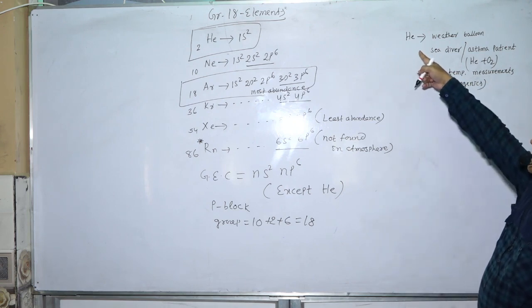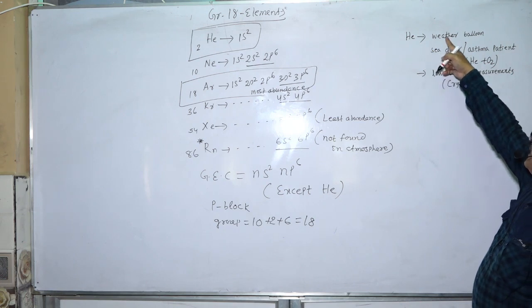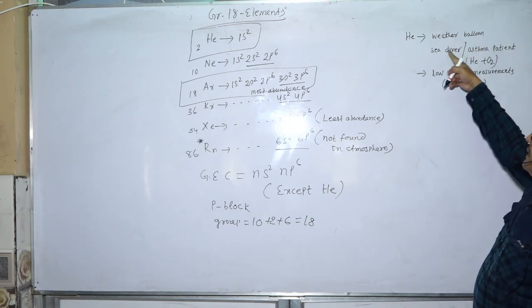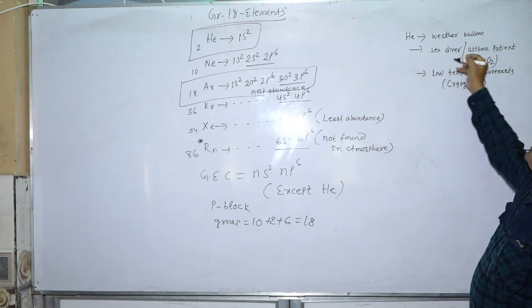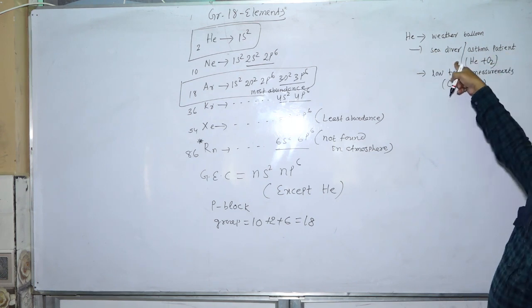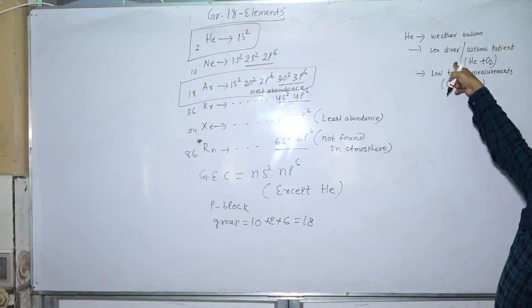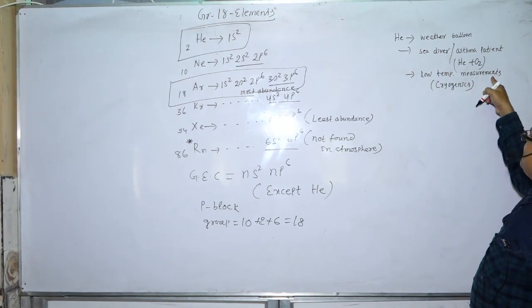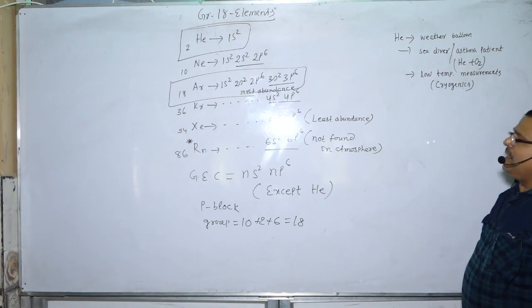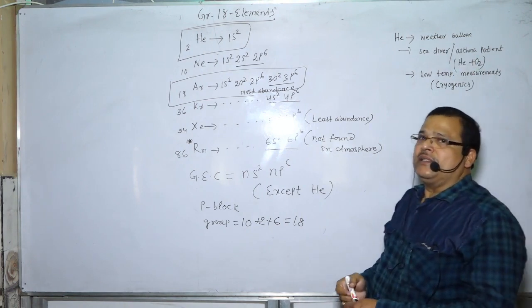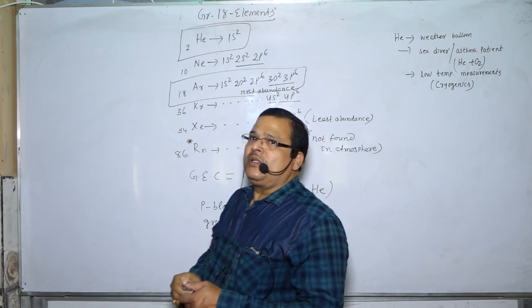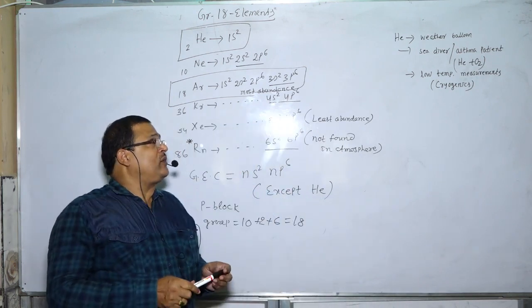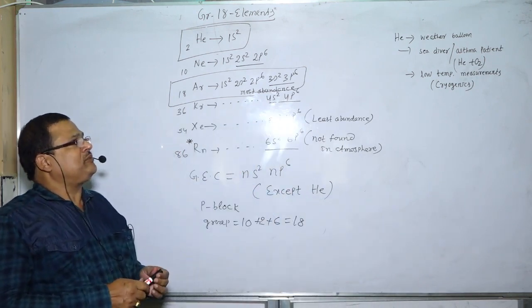So regarding the uses of helium, it is used in weather balloons, and by sea divers and asthma patients, who use the mixture of helium and oxygen. Then the next one is low temperature measurements. The question is, helium is more massive than hydrogen, so why is it used in weather balloons?